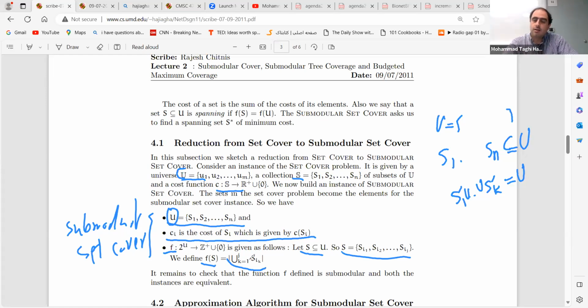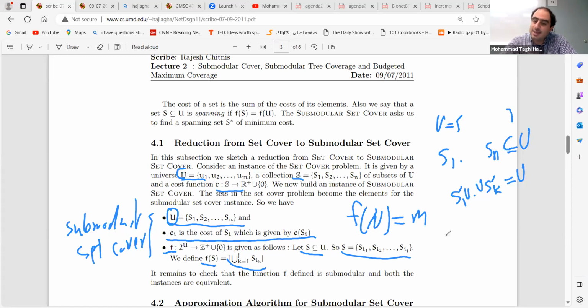Good. Now, what would f of U be in this case? F of U would be M, because if you take all these subsets, the union of all of them has all the M elements that we originally had as the universe in the set cover. And here, what do we want to find?